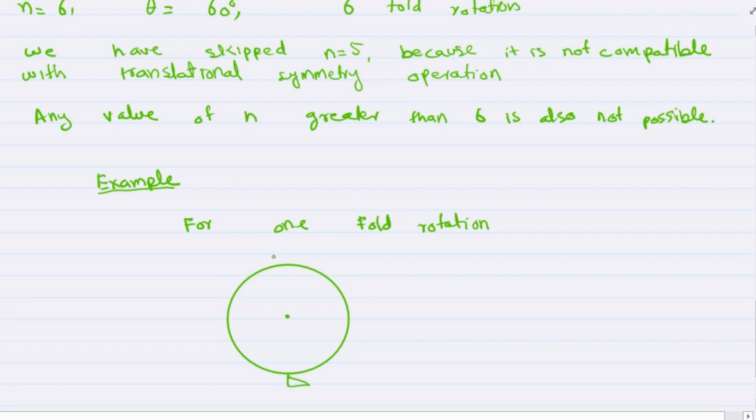So a rotation of 360 degree will transform it to itself. There is no angle less than 360 degree that will transform this shape to itself. So we must give a 360 degree rotation to it.